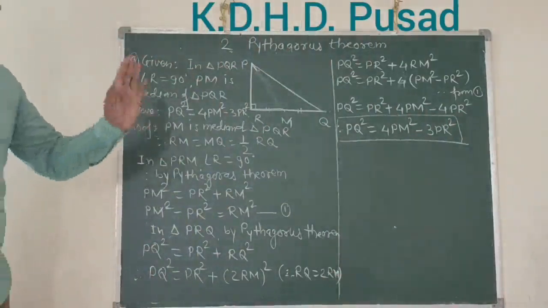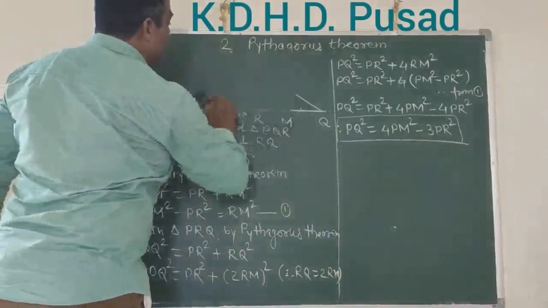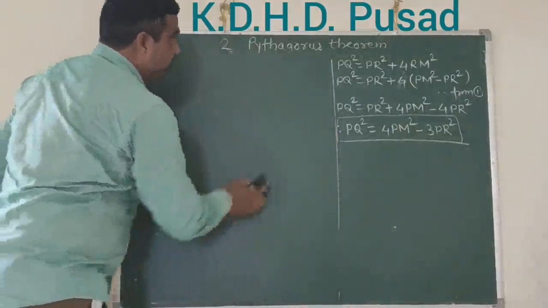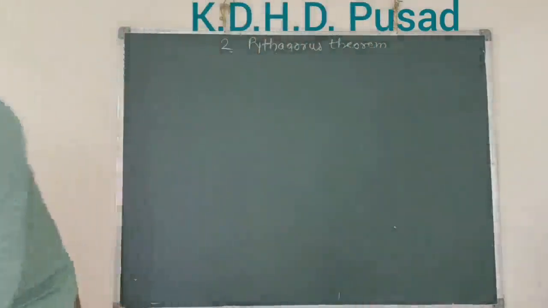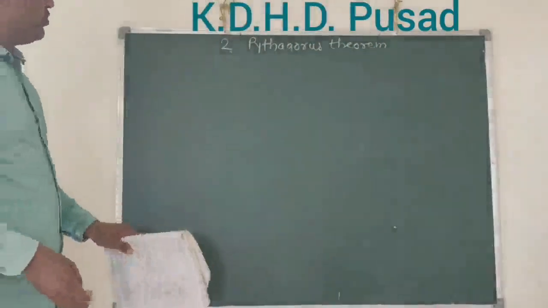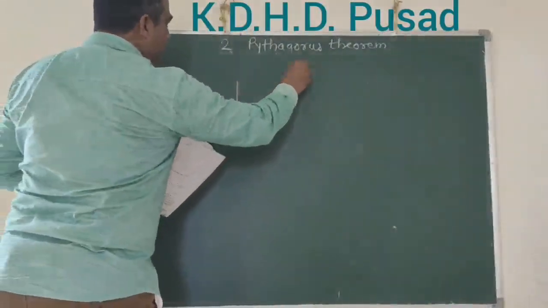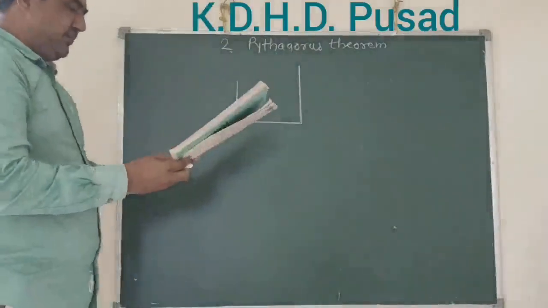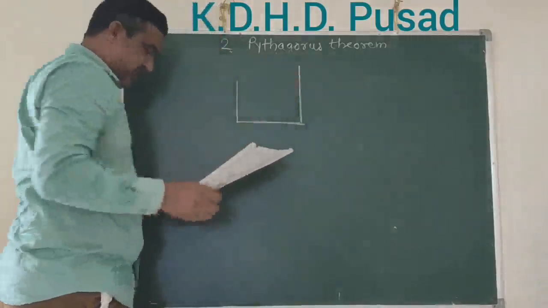Now I am giving a hint for question number 10. Just a hint. I am not solving the complete question. For question number 10, walls of two buildings are parallel to each other. On either side of the street, these are two buildings.